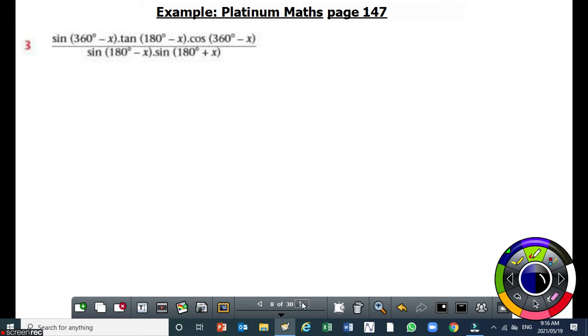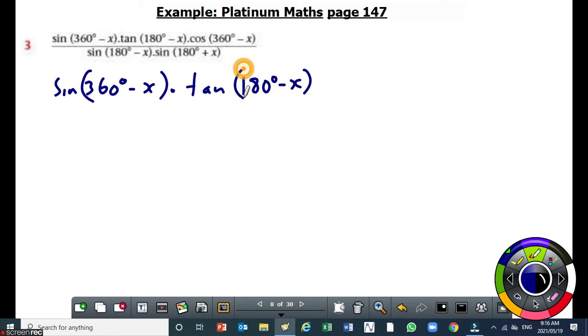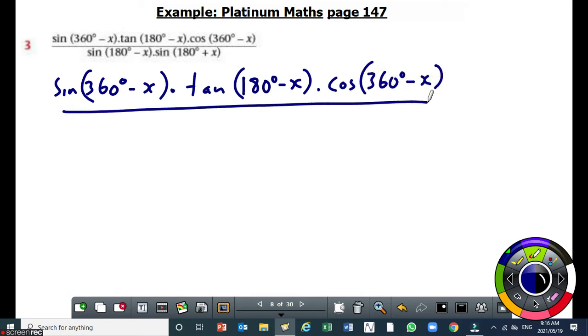So this question, the first part, I'm going to rewrite it. It's sine 360 degrees minus x times tan 180 degrees minus x times cos 360 degrees minus x, all over sine 180 degrees minus x times sine 180 degrees plus x.